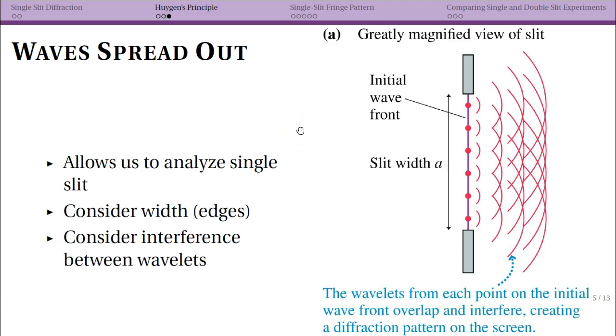So what this really helps us to do, in my opinion, is think about how waves are spreading out. And this is going to be important for our single slits. So in our single slit, we have a plane wave that is coming in and hits this slit. Notice this would be a really, really small slit, again, a millimeter or something like that. But now we can imagine that as the wavefront passes through the slit, we drop down all of these sources, which are now generating these little wavelets that come out.